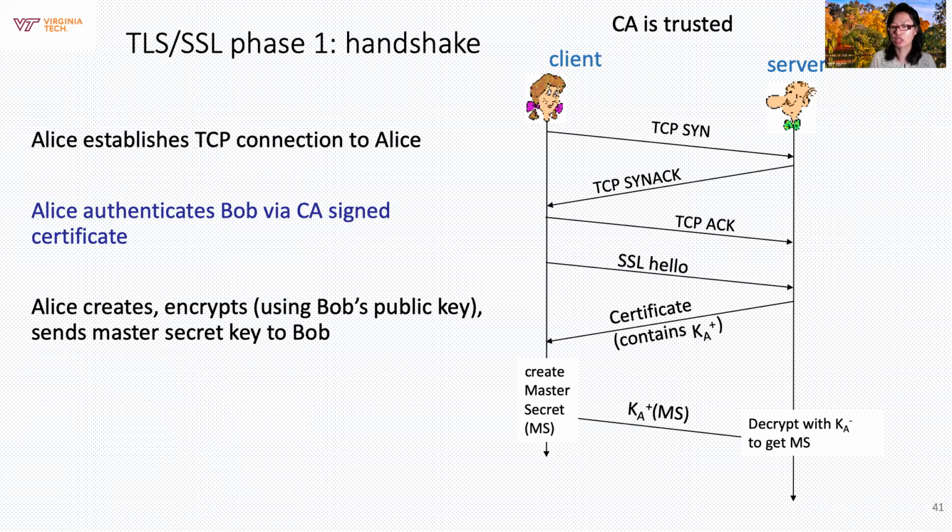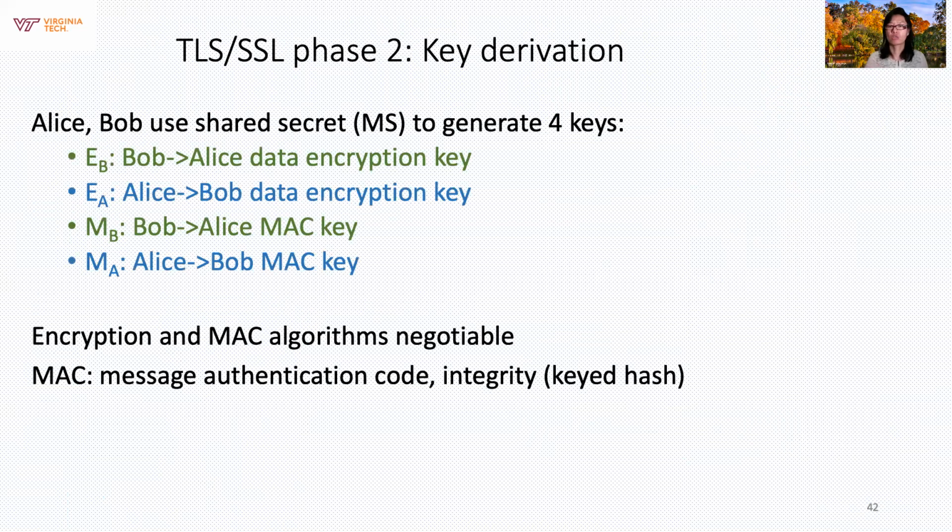The rest of it is, I would say, straightforward, because now the client will pick a master secret, MS, and encrypt the MS using the server's public key. The server, having the corresponding private key, will decrypt and get MS. And now we're in business because they have a shared secret key, and they use this to derive additional keys.